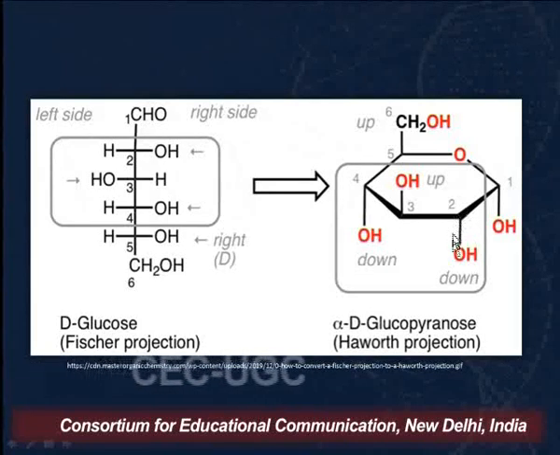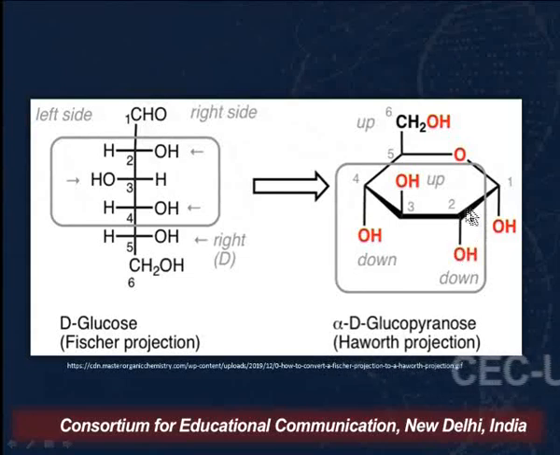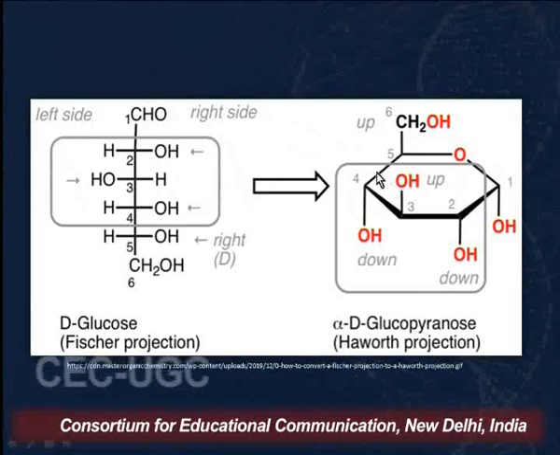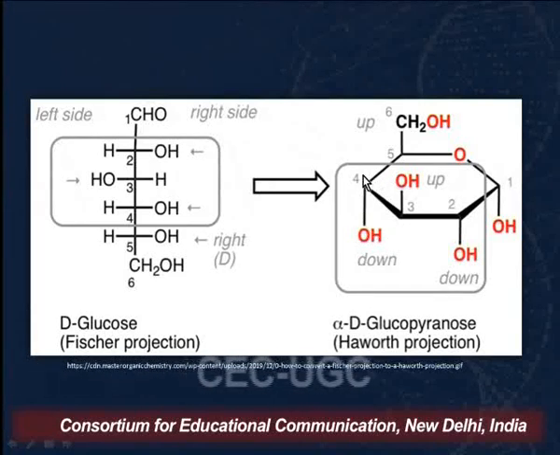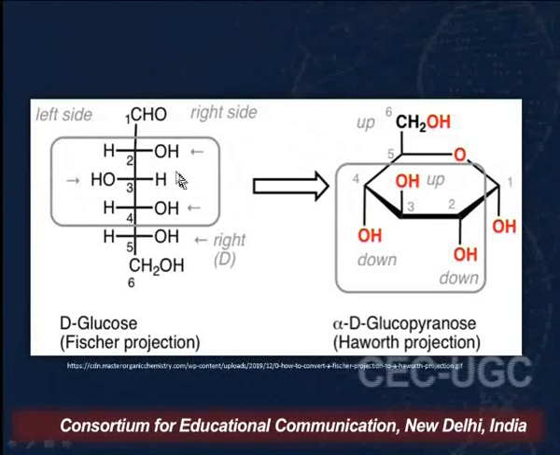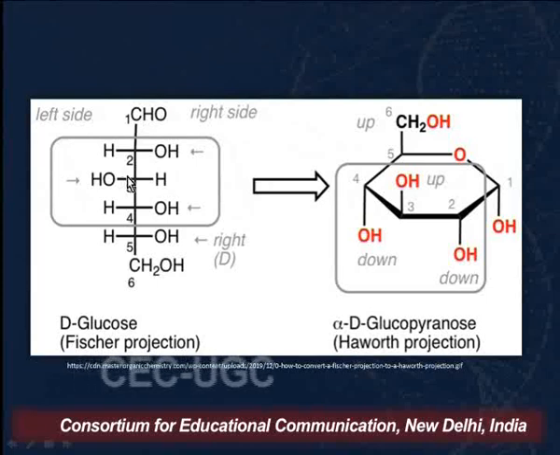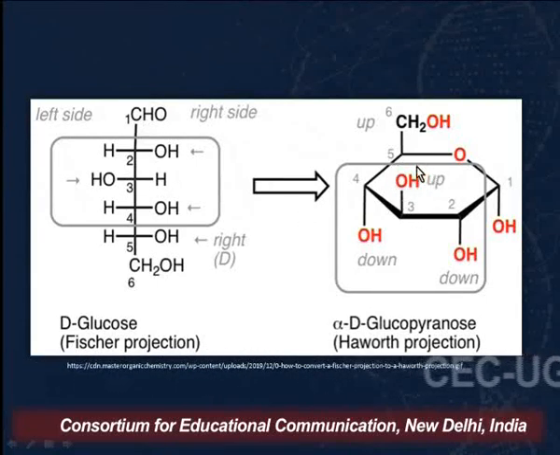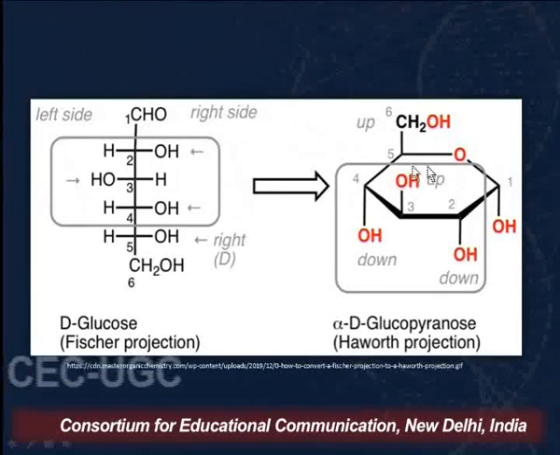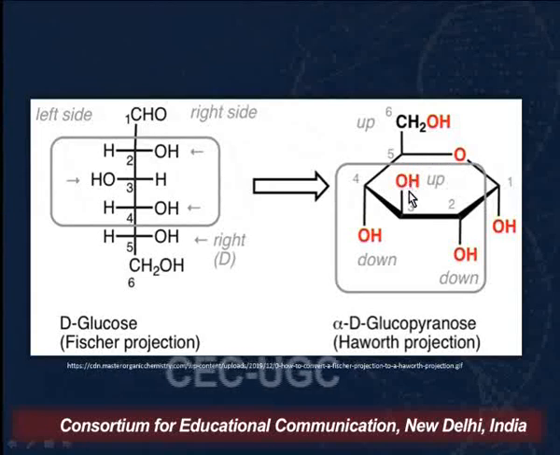So we have OH here at the second carbon, which we've indicated as below the ring, and again the OH at the fourth carbon is below the ring. Whereas on the third carbon, the OH is on the left hand side, so it will be above the plane. So this is the structure of alpha D glucopyranose.